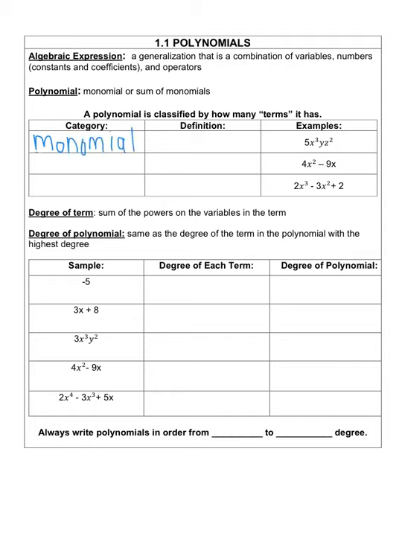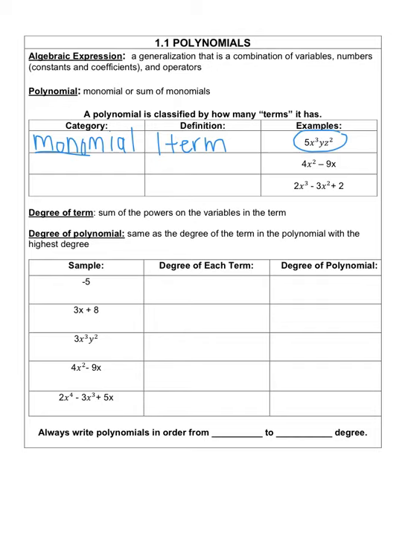And the root word of that is mono, which means one. So the definition of a monomial is just a one-term polynomial. And what we mean by one term is that all of the numbers and variables are being multiplied together. So it's just one term all together.